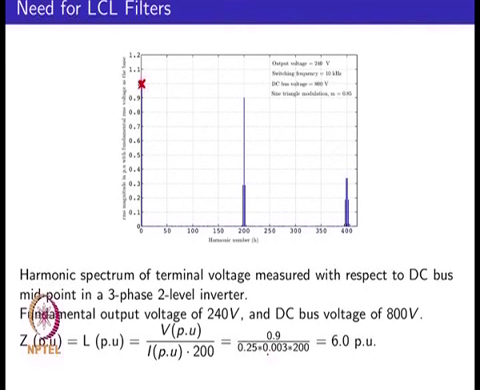So, your standards say 0.003, and 25% of that is essentially what is recommended, and the excitation at the 200th harmonic would correspond to 0.9 amps. So, the required value of your inductance would be 6 per unit, clearly showing that you would exceed what would be realistic for a practical power converter.